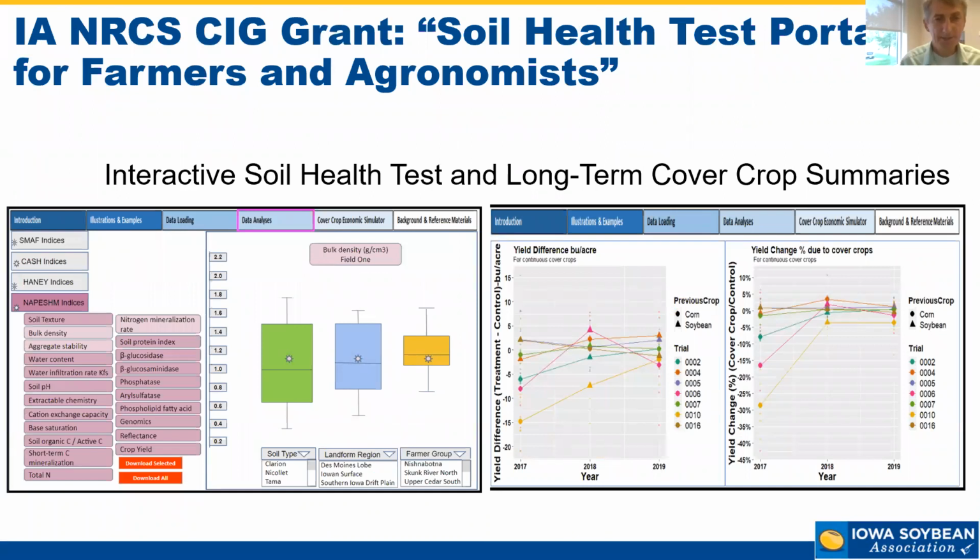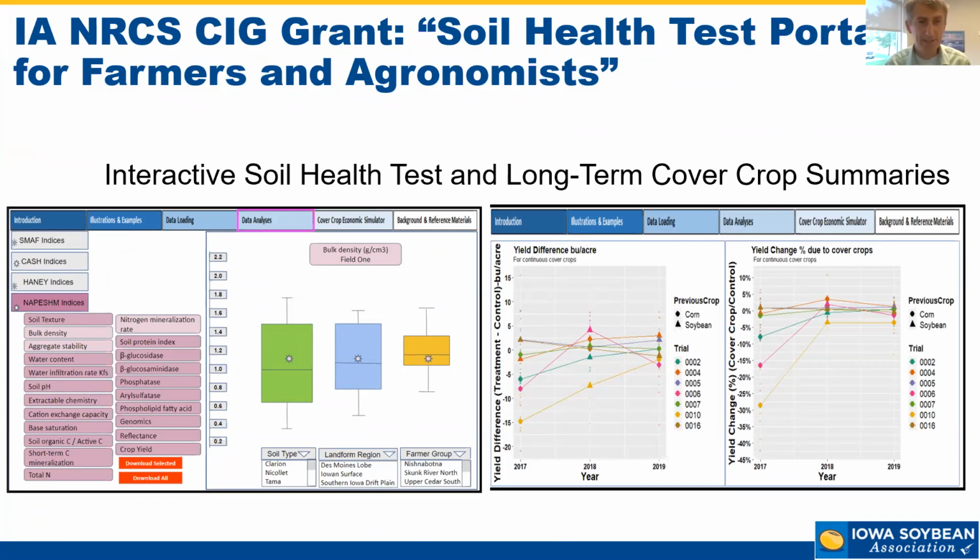This is another grant which we just secured a couple of months ago. This is through Iowa NRCS. It's a conservation innovation grant focused on developing a platform for soil health test summarization for farmers and agronomists. I know that many faculty and students are engaged in soil health research in the agronomy department, so it could be of interest to you as well.